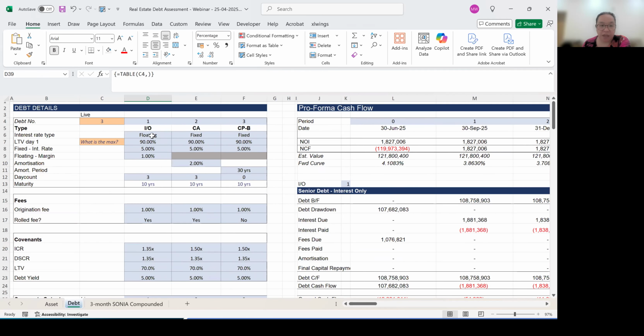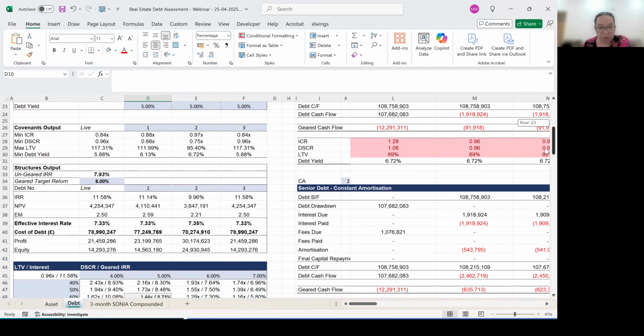Okay, but then if you have, for example, a fixed interest rate of just 5%, with interest only, then your cost of debt will be 77 million instead of 78, and your effective interest rate is going to be 7.33.